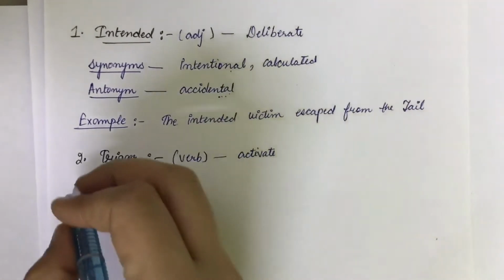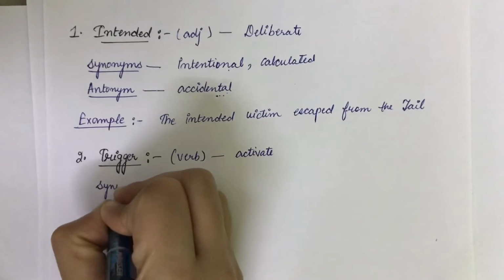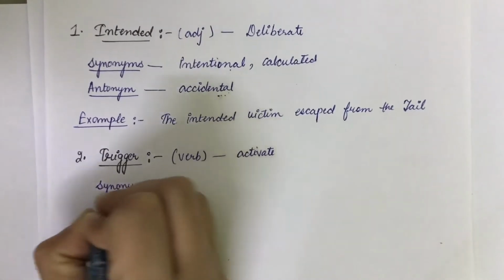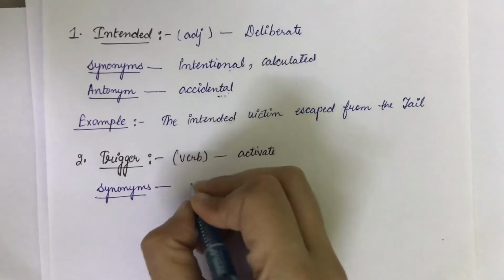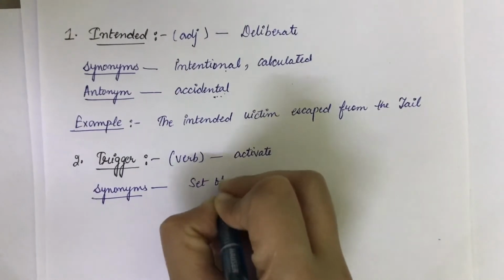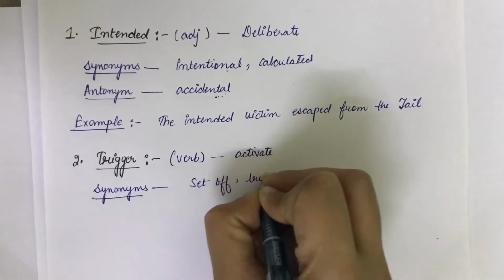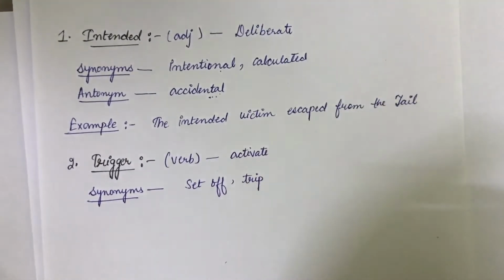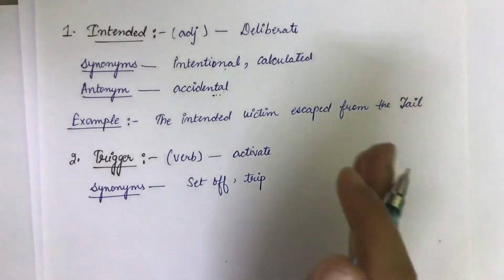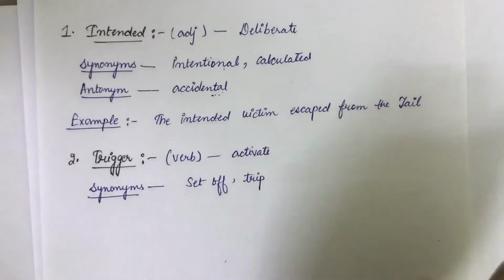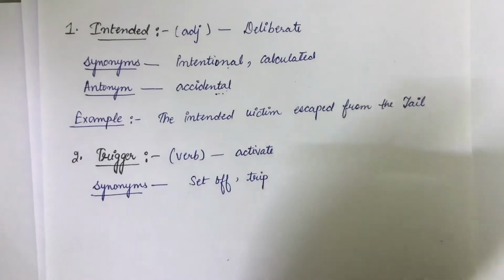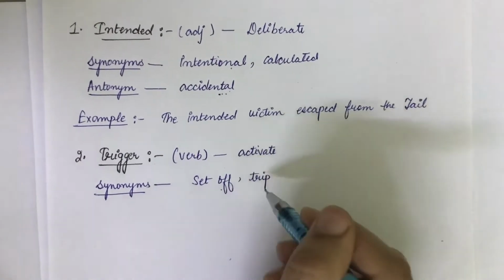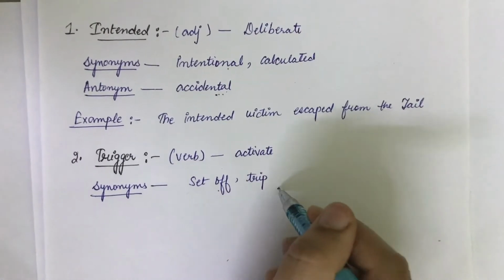Okay, so what are the synonyms of this word trigger? They are set off and trip. So if you want to say that this thing was triggered, this thing was activated, then you can use the word set off as well as the word trip.